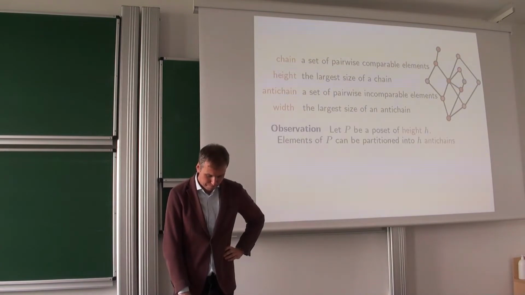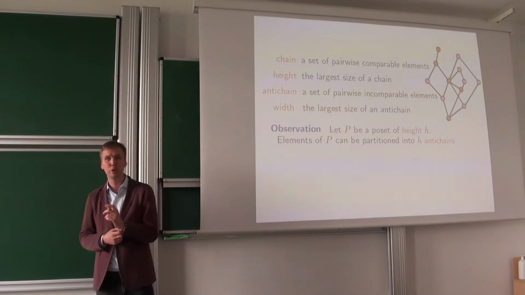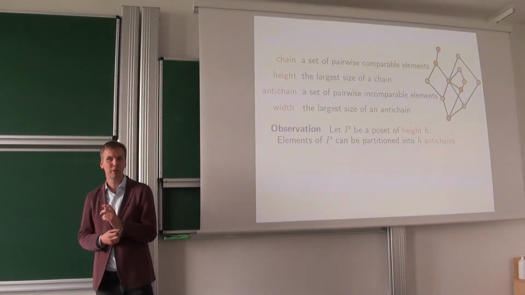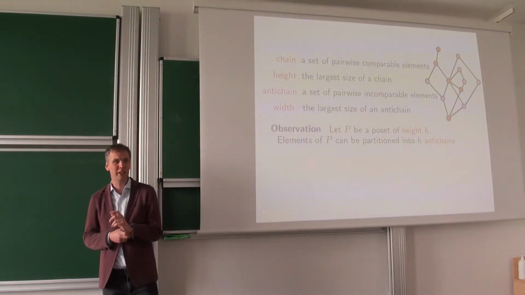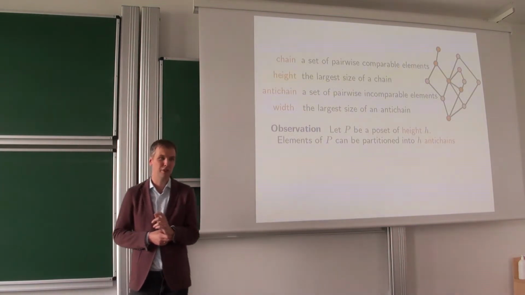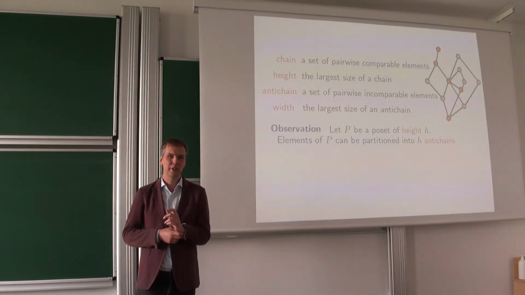Now, there is an observation which is usually called the dual of the Dilworth theorem, or the anti-Dilworth theorem. This is an easy observation that when you have a height h poset, you can partition its elements into h antichains. And that's fairly easy, right?